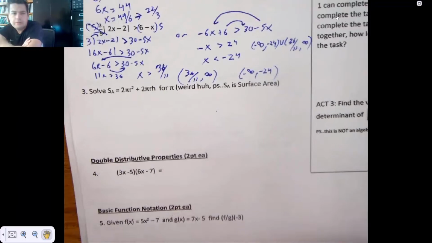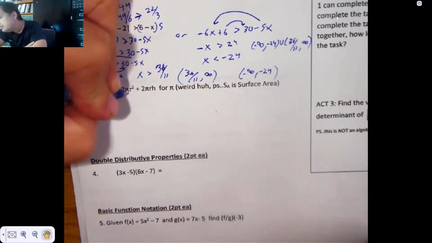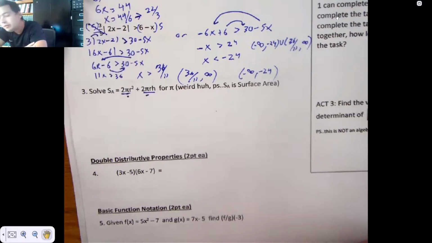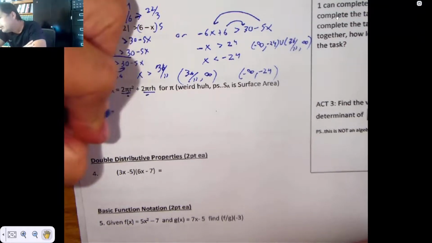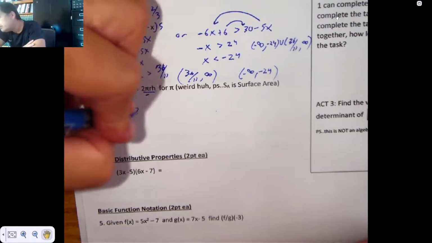This one says solve the formula surface area is 2 pi r squared plus 2 pi r h for pi. This is surface area of a cylinder. And you're supposed to solve it for pi. What I notice is that both pieces of the right-hand side contain pi, so I can factor it. Surface area is pi. If I pull pi from 2 pi r squared, I have 2r squared.